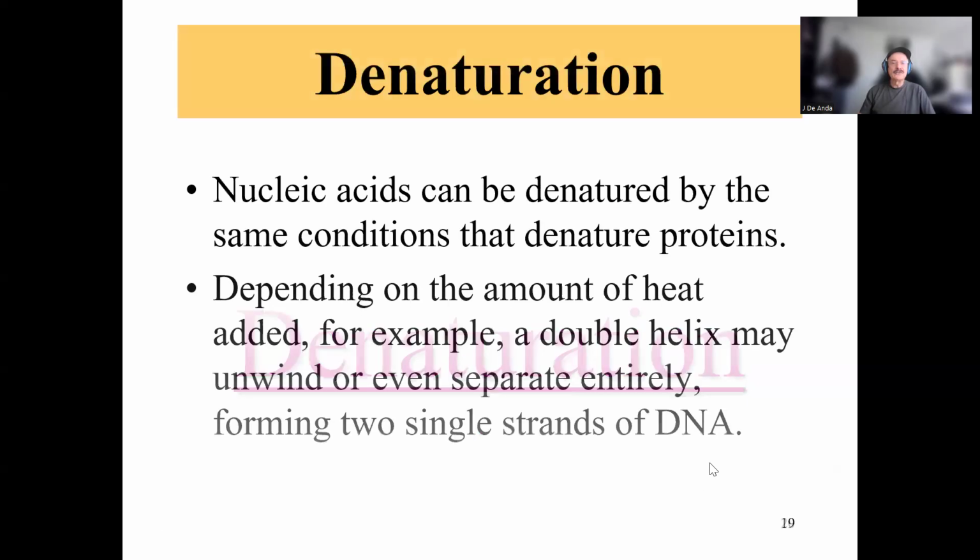We call it denaturation. Just like proteins, remember DNA structure is held by hydrophobic interactions and hydrogen bonding interactions. Just like proteins, the same kind of conditions can be used to denature nucleic acids the same way that we previously denatured proteins. So, for example, one of them was heat.